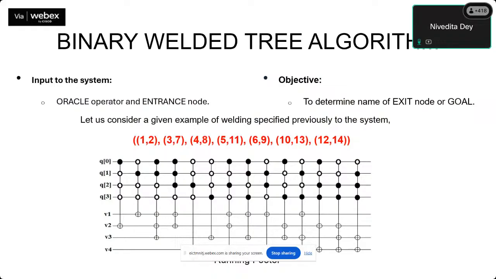I worked on this one during my BTech. I'll not explain it, it will be difficult, but you can see that there are a lot of controlled and multi-controlled gates, if you can understand. The challenge we solved here was that we tried to make the dynamic welding generic.